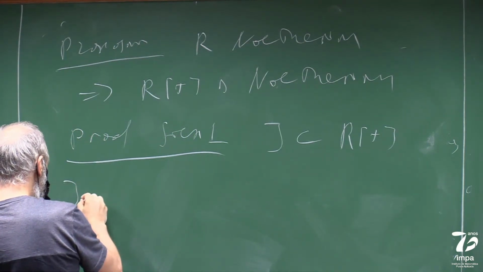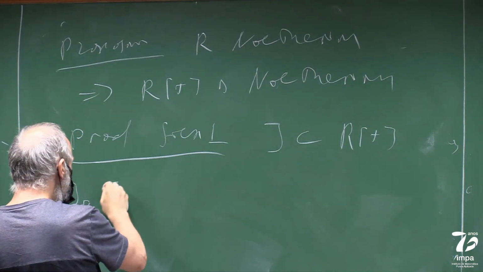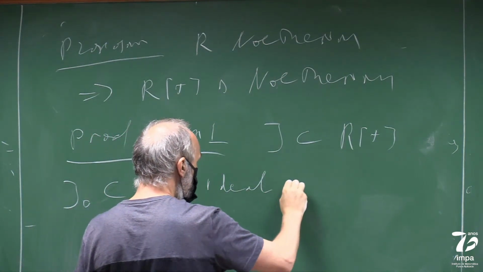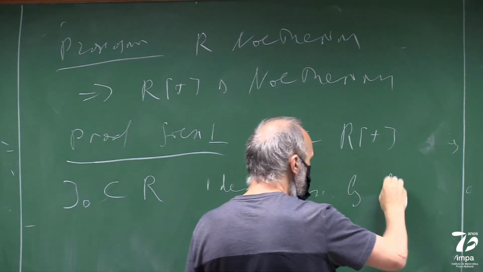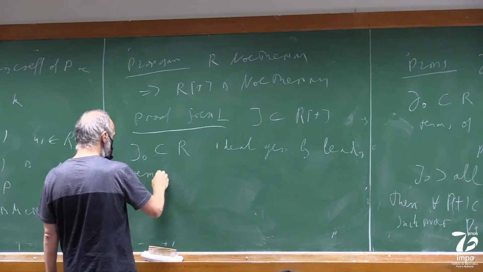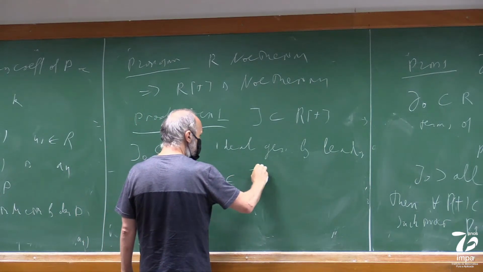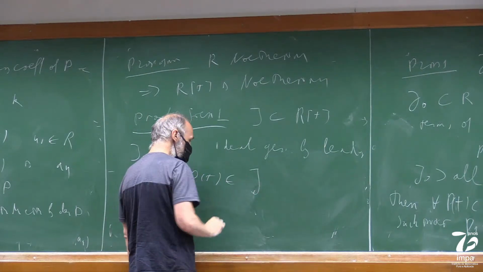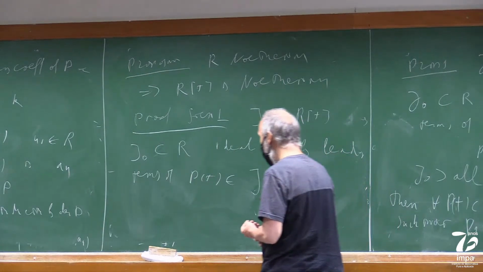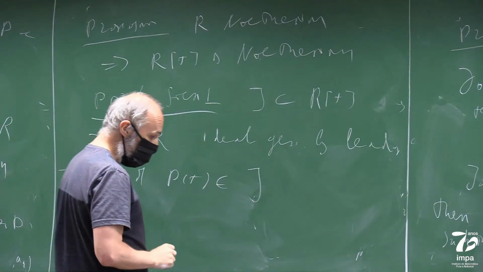And then take I_0, an ideal in R, the ideal generated by leading terms of P(t) inside I. R is Noetherian, so this ideal is finitely generated.